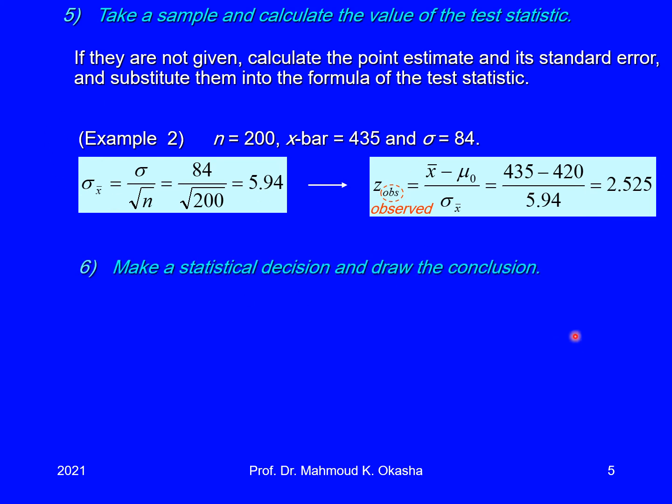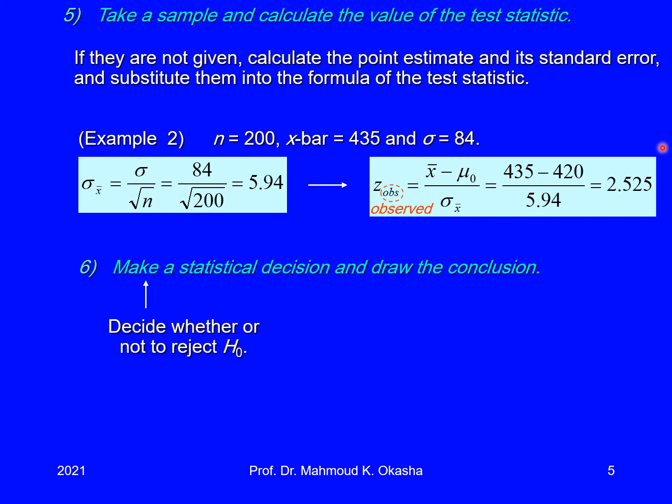So the last step remains. We now have the observed test statistic and the critical region, and we have the observed Z value, so we can make a statistical decision whether to reject or not reject the null hypothesis.